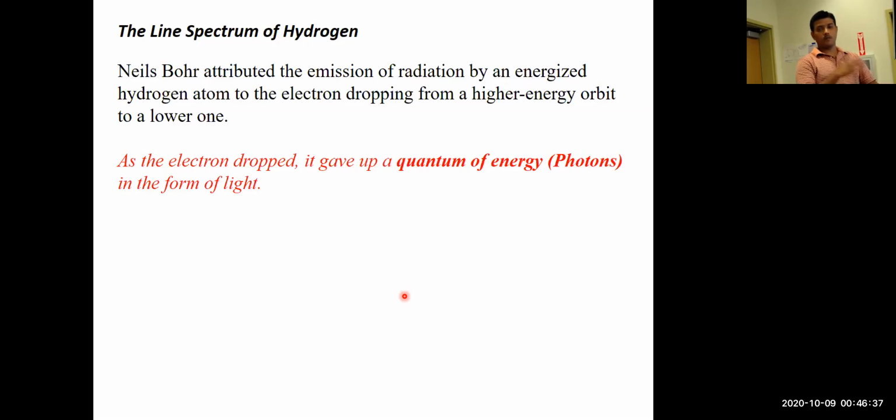So Niels Bohr's main contribution is explaining how these energy levels happen for an atom. He developed the hydrogen atom emission spectra by showing where the emission is happening between which shells, like we discussed previously.